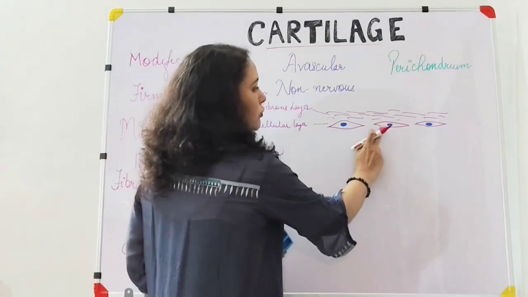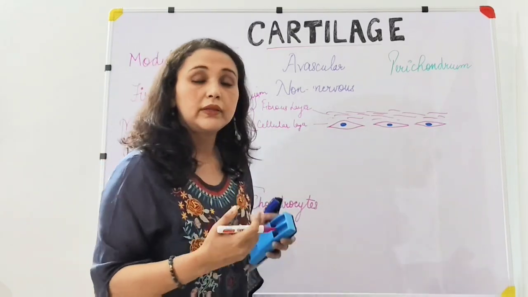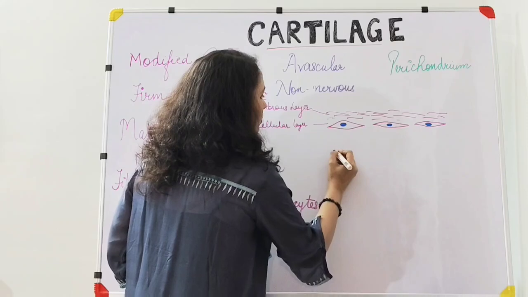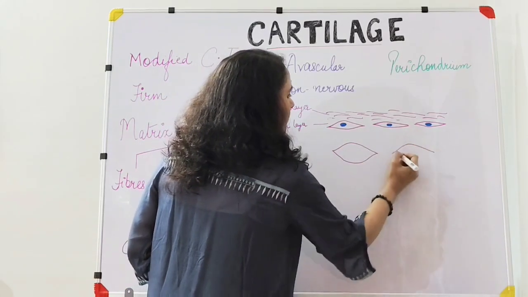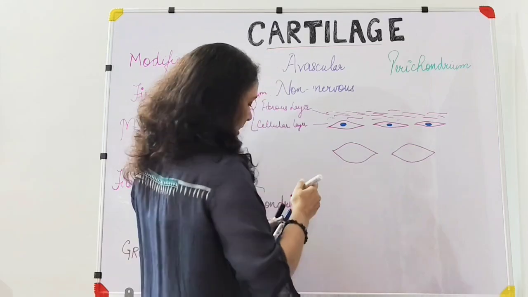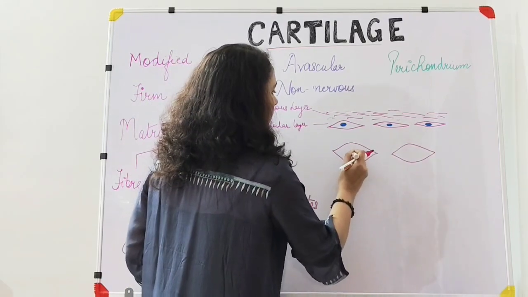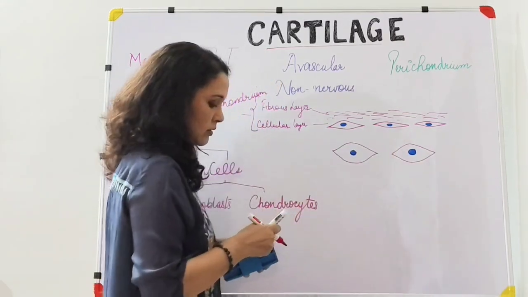Then these chondrogenic cells, when they form chondroblasts, there occurs a change in the shape. They become bigger in size and the nucleus is darker, right?